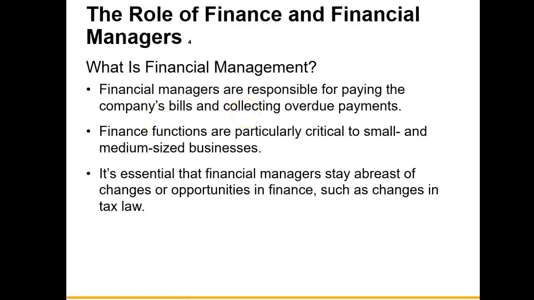So you make sure bills are being paid on time, and also that our clients are paying us on time as well. The finance functions are particularly critical to a small or medium-sized business because our funds are already limited. So it's extremely important that we account for every dollar coming in, every dollar going out.